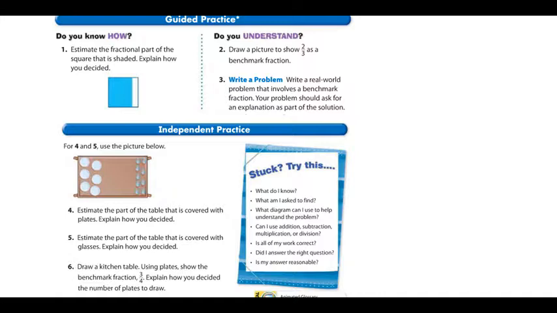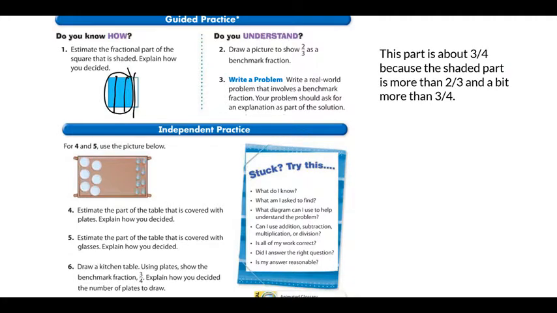So if I see this blue square, if I divide it into 4 parts, obviously my parts are not very equal, but it looks kind of like it's around 3/4. It's about 3/4.